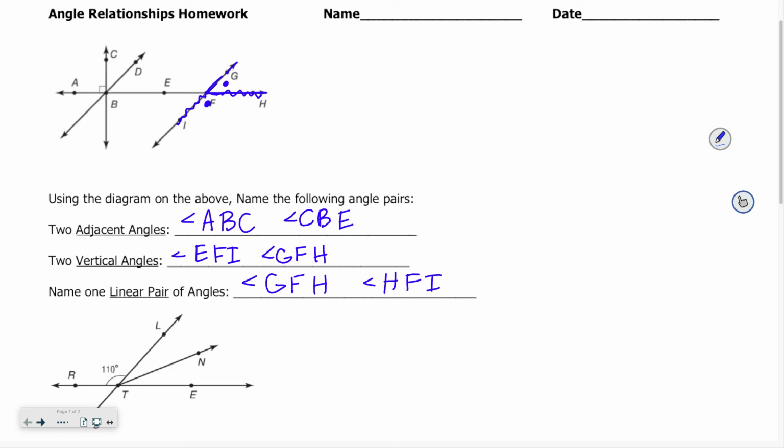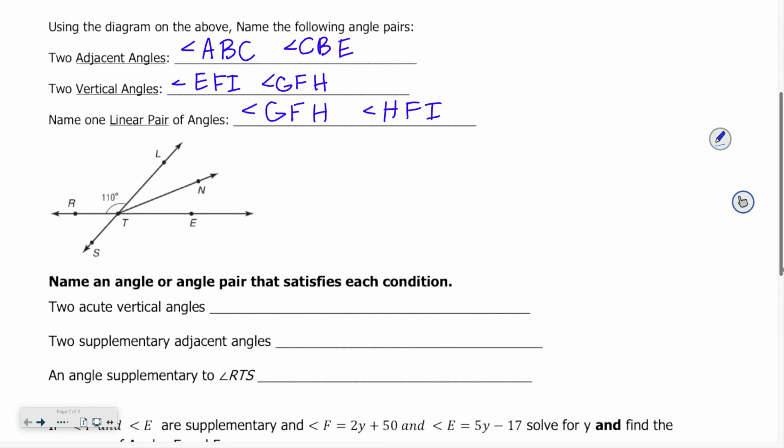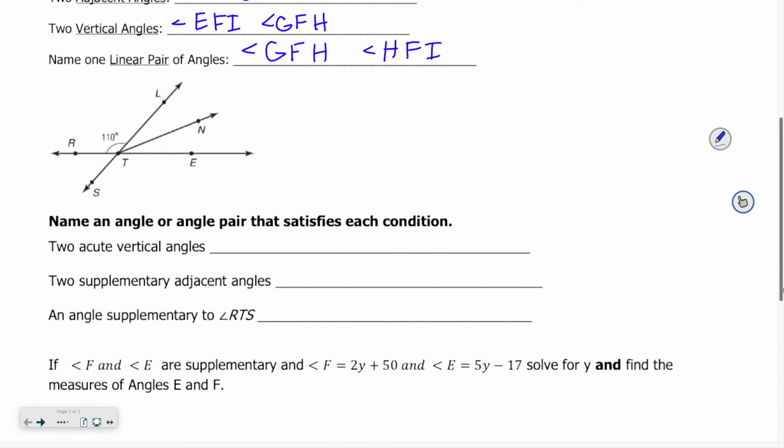All right, take a minute and I want you to try the next three using the next picture.